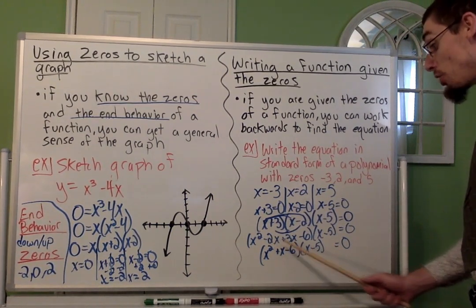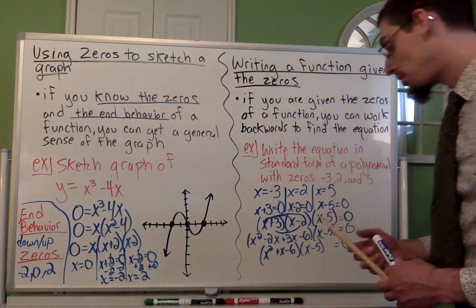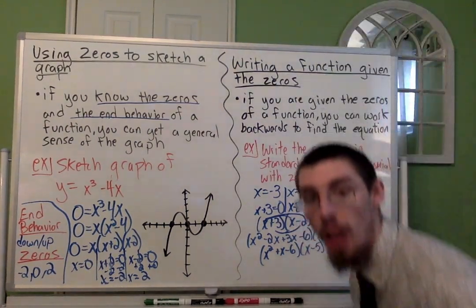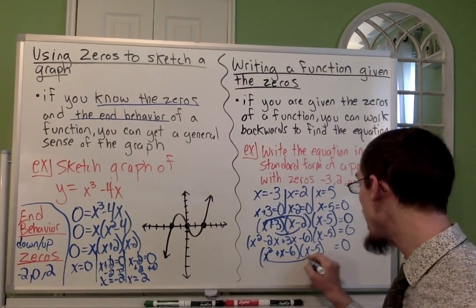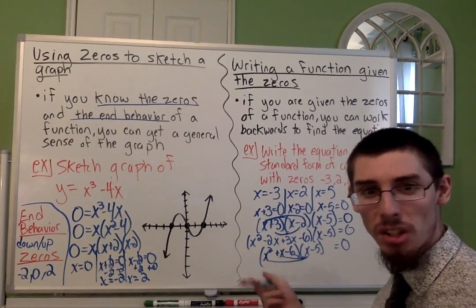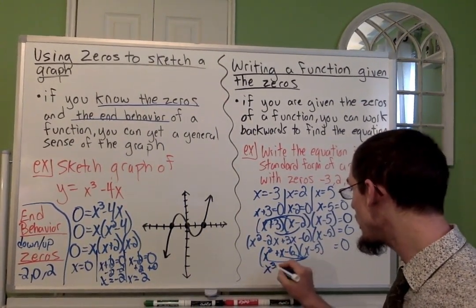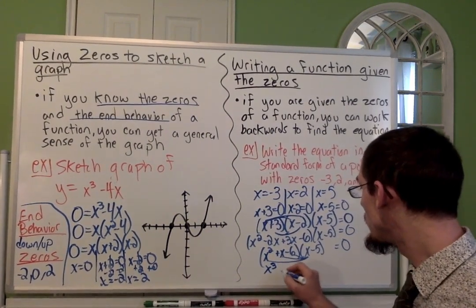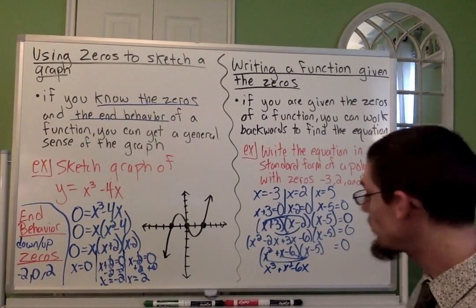Now I need to distribute again. So this one, I'm going to set it like this. I'm going to distribute the x. So I'm kind of distributing backwards. That's okay. To get x cubed plus x squared minus 6x.